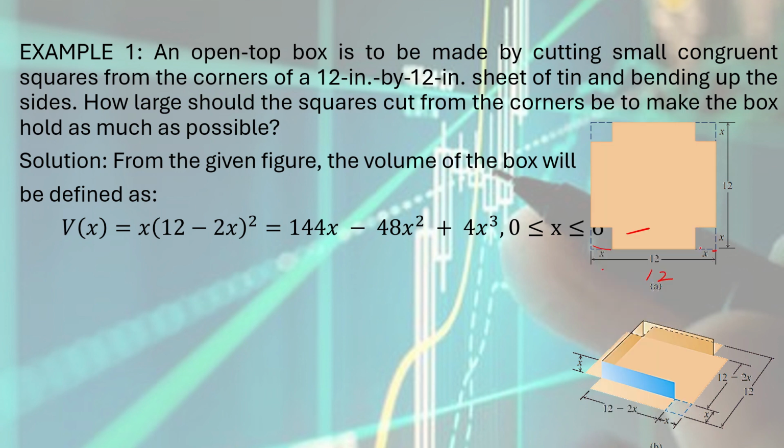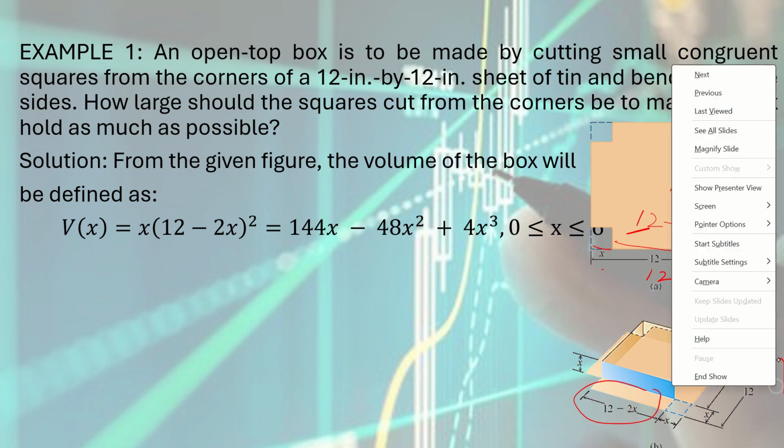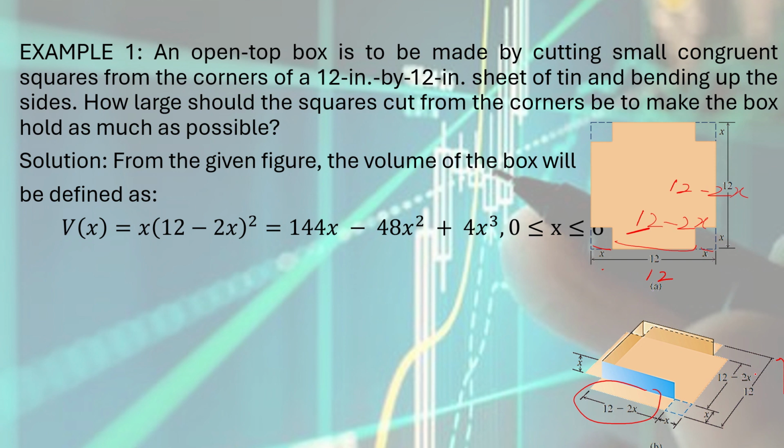So this part will be, obviously the total length is 12, so that will be 12 minus 2x. And similarly this part will also be 12 minus 2x. So we are having a box whose length is 12 minus 2x, whose width will be the same, 12 minus 2x, and the height of the box will be x.